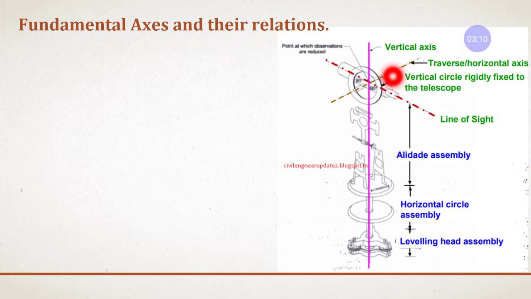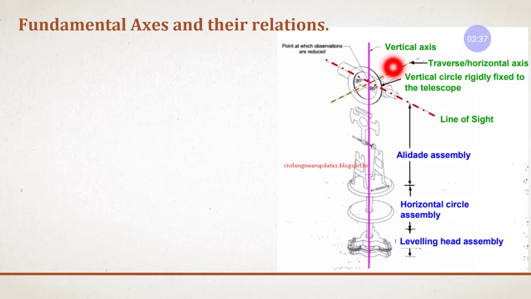Now we have remembered three points. This is the vertical axis, this is the transverse or horizontal axis which is perpendicular to the vertical axis, and the line of collimation or line of sight is perpendicular to the horizontal axis.